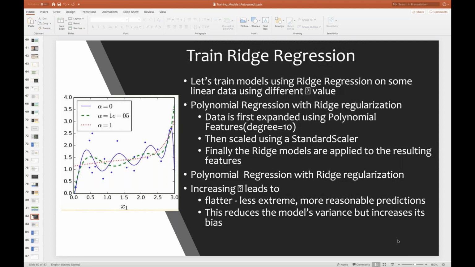You deal with the bias and variance trade-off, a middle point between them, such that you maintain the balance. So when you train the polynomial regression with ridge regularization, it is reducing the model's variance but increasing the bias. Okay, that's perfect.